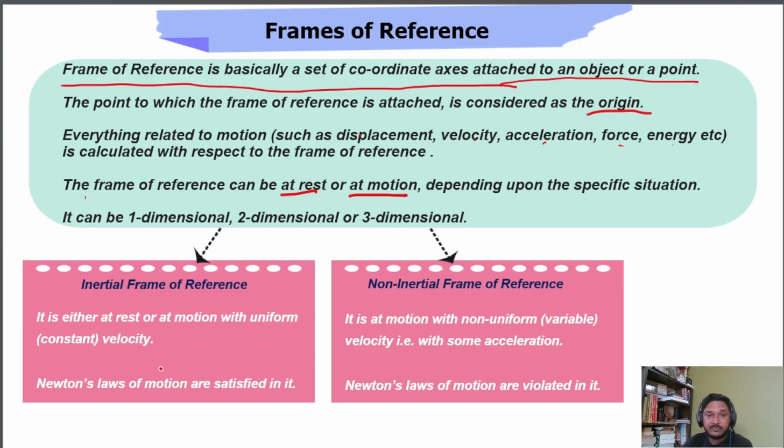And then the frames of reference can be one dimensional, two dimensional, or three dimensional. To explain a motion in one dimension we need a one dimensional reference frame, that is a single x-axis, single y-axis, or a single z-axis. To explain a motion in two dimensions, we will require a two axis coordinate system. We can take x and y, y and z, or z and x.